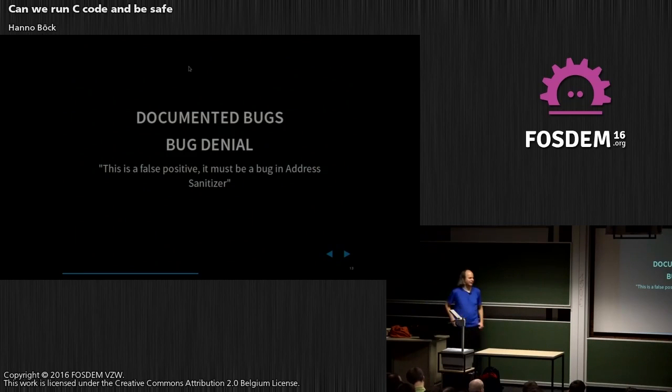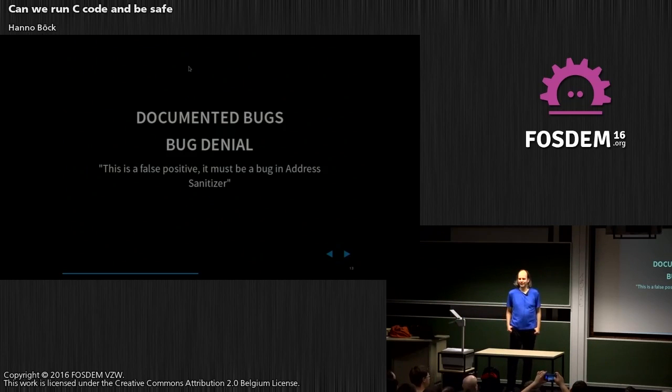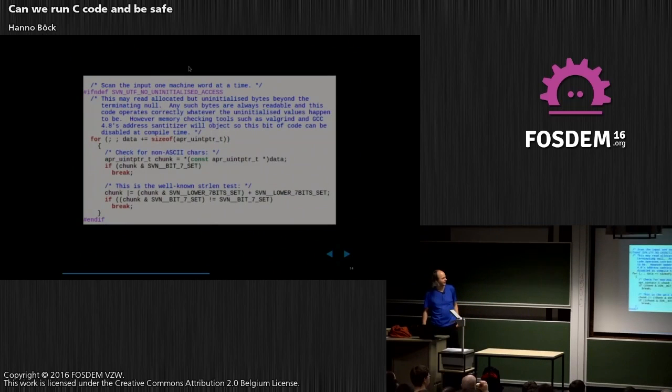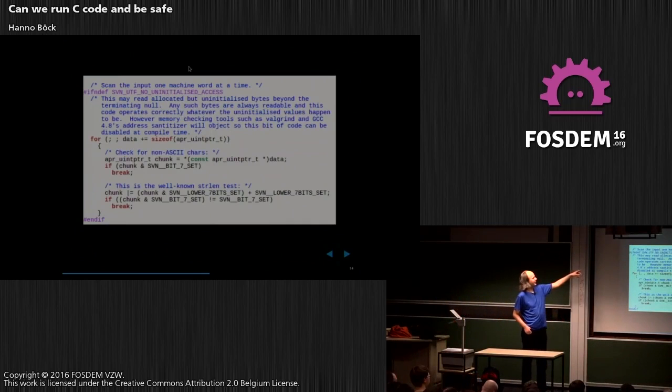Then this is something which is difficult. Sometimes you see code where the code documents that the code is wrong. Or you have people who say, okay, this cannot be, my code is correct, it must be a bug in address sanitizer. I'll show you an example. This is code from Subversion, the current release. It has an ifdef, no uninitialized access.